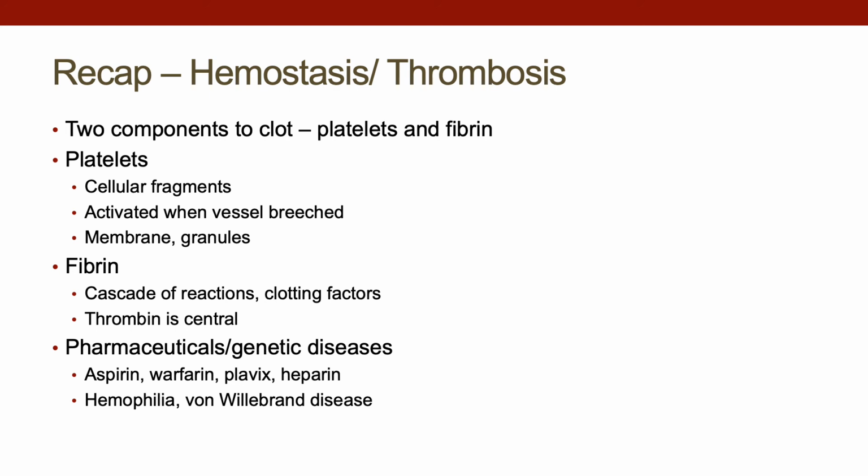And hemophilia and von Willebrand disease affect various parts of blood clotting. I didn't really mention von Willebrand disease, but it affects that von Willebrand factor that I mentioned briefly. And hemophilia affects the two clotting factors.